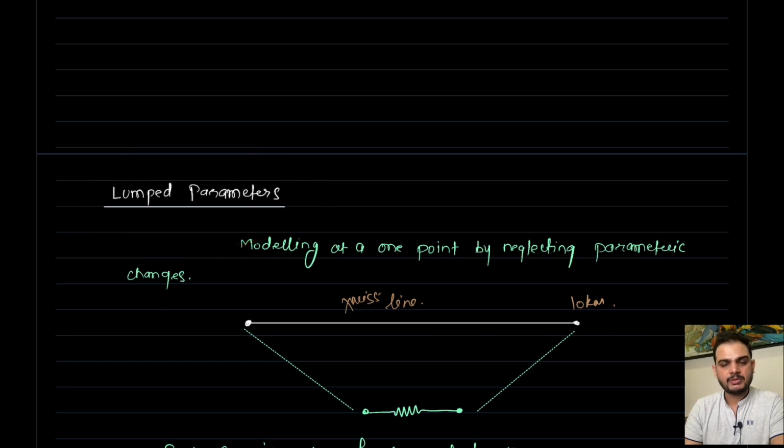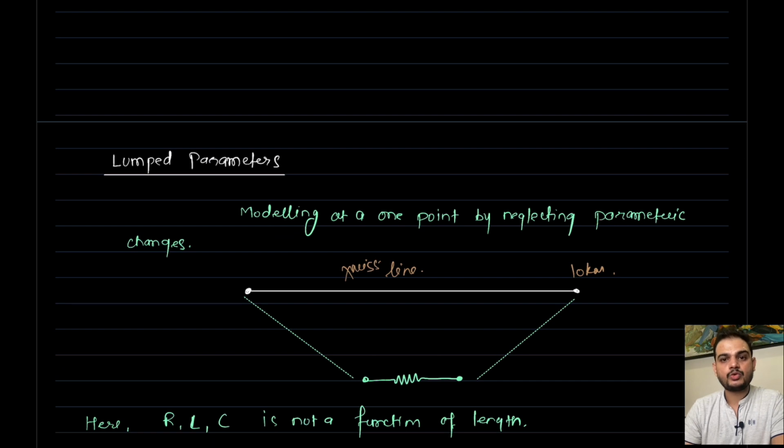So here things will become very easy to understand, easy to model, easy to analyze, and easy mathematical analysis will be done in case of lumped parameter. So always remember, in case of electric circuit, we will always use lumped parameter. Here my resistor, inductor, capacitor will not change with respect to length.